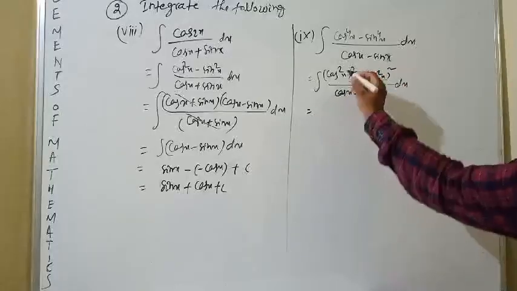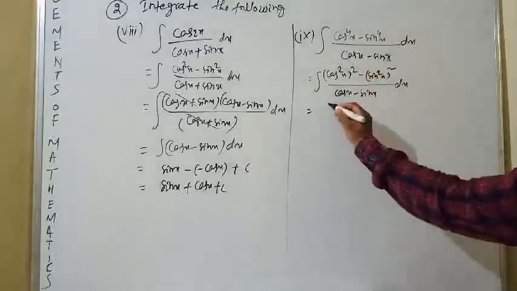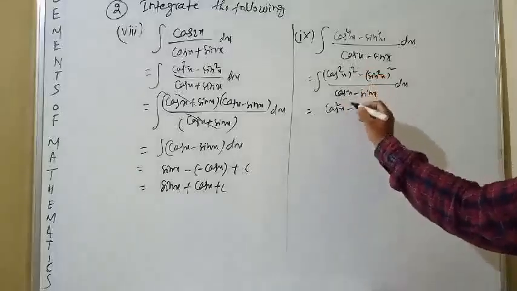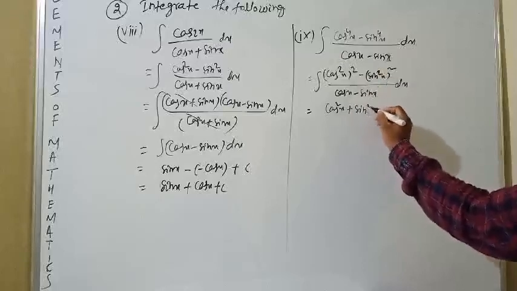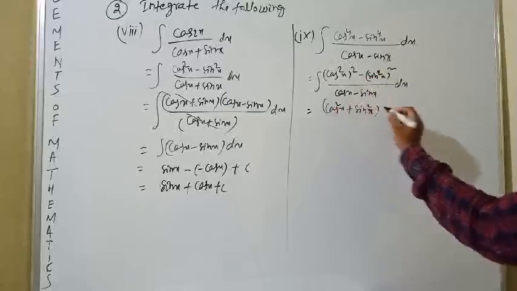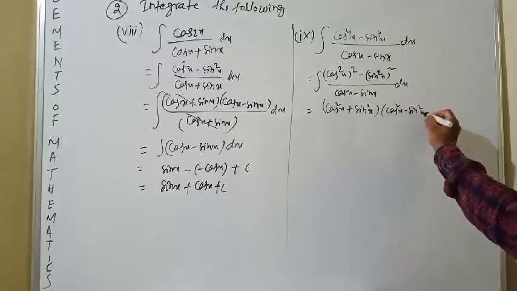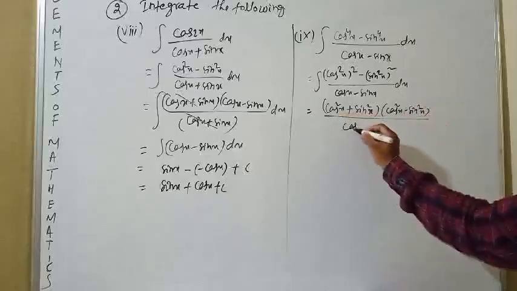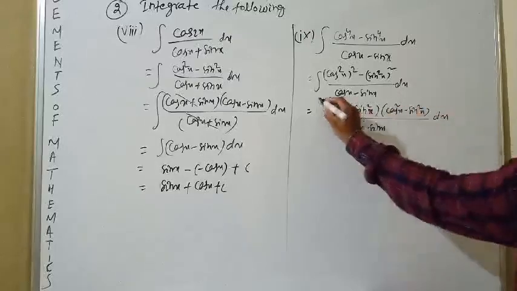Okay, this is also in the form of a square minus b square, that is cos square x plus sin square x into cos square x minus sin square x, by cos x minus sin x dx.